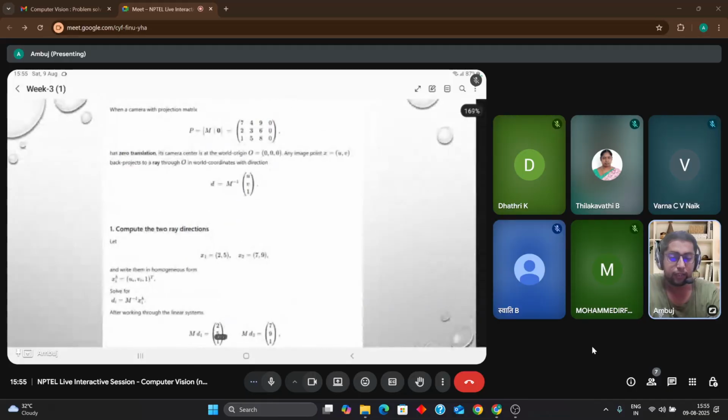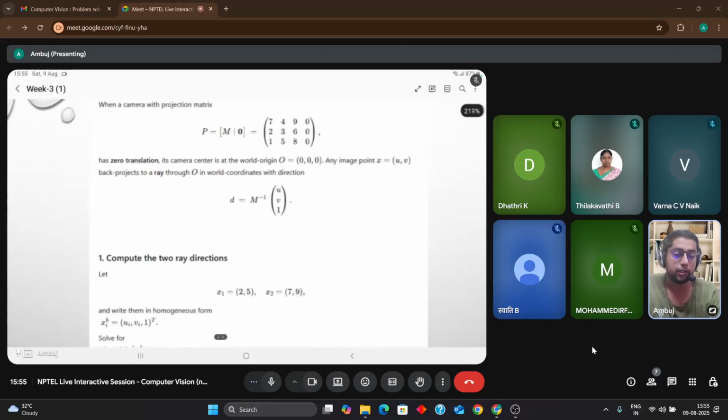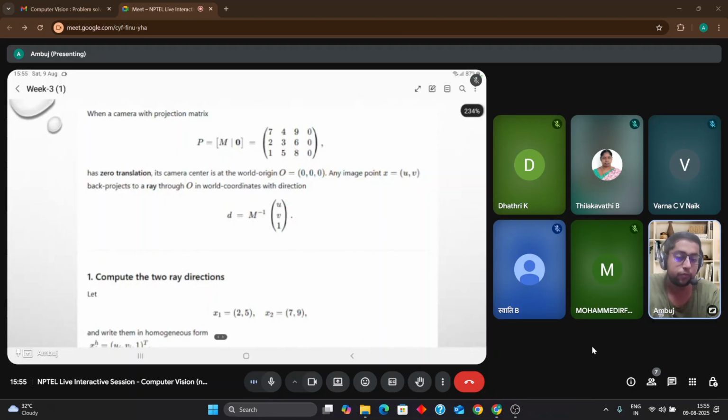So if the camera projection is M with 0 translation, its camera center is at the world origin 0, 0, 0. Any image point x equal to (u, v) projects back to a ray through O in world coordinates with the direction M inverse (u, v, 1).